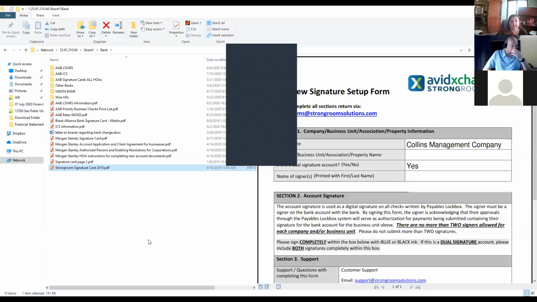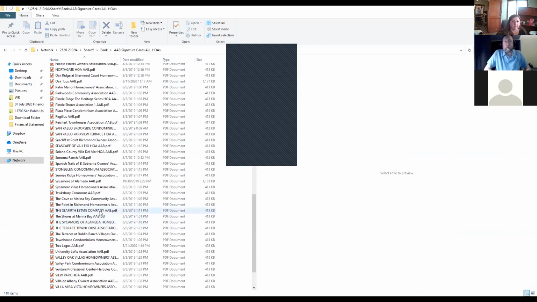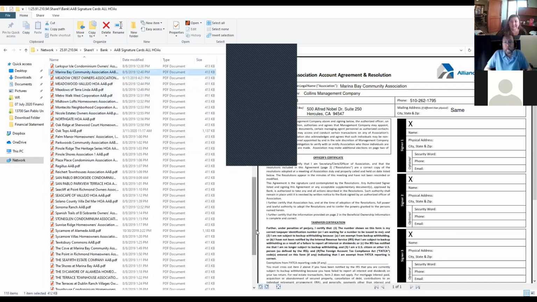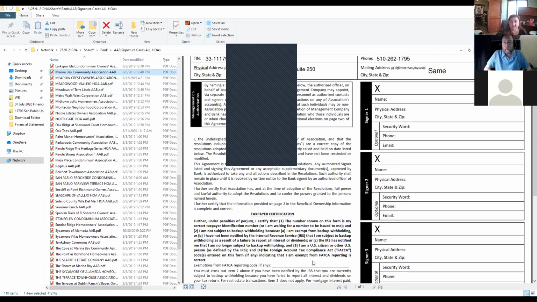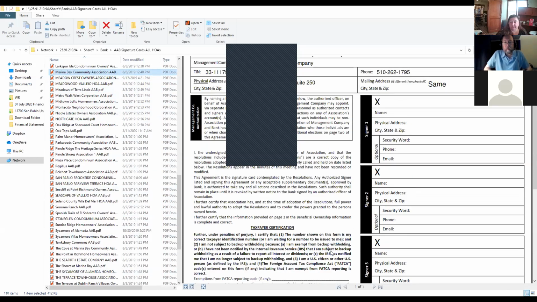Yeah, so you will certainly send them the signature card. I always have to remind people, there's one little area that everybody forgets about on these signature cards, and that is the taxpayer certification line. This line here has to be signed, president or treasurer, signature, printed name, date of adoption, so whenever they're signing.